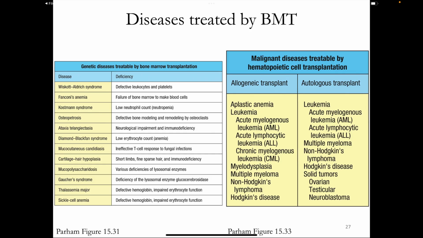The bad part is that it also kills other rapidly dividing cells in your body, like cells in the GI tract lining, which is why you have nausea, cells in the hair follicle, which is why you lose your hair, and pretty much all of your immune system. So all your T cells, all your B cells, all your everything. If you get chemo or radiation, you can basically imagine that you're erasing your immune system.